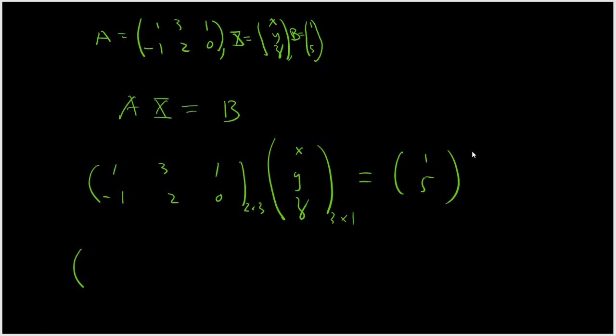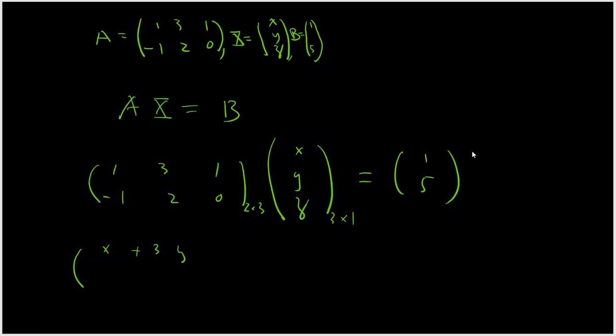Multiplication is defined. We can multiply. The product is a 2 by 1 matrix, 2 rows and 1 column. The first row, we use that row to multiply the column. The first row is x plus 3y plus z. I was trying to tell you why the system of linear equations can be represented using an equation of 3 matrices.